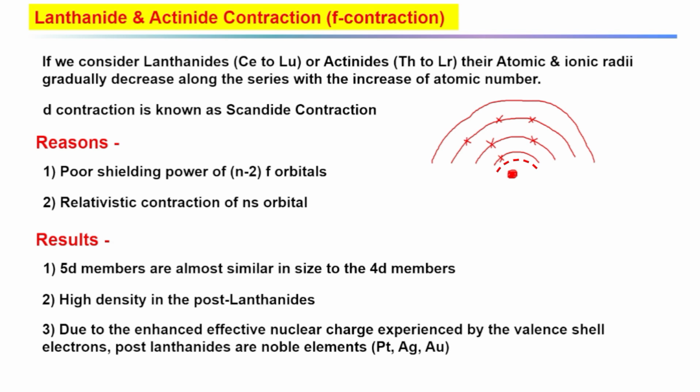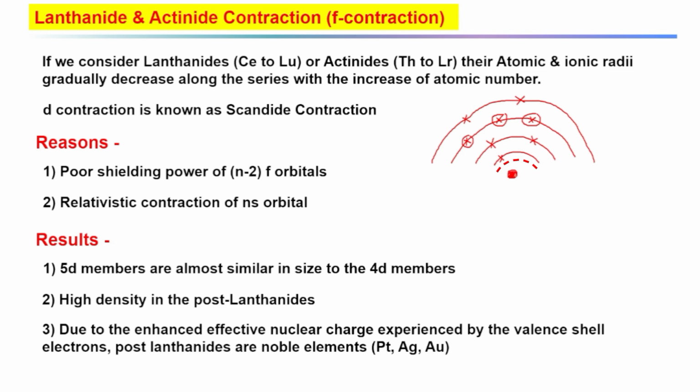Now try to understand the poor shielding power of n-2f orbitals. Let's suppose we have some electrons here and here. Let's consider these are the f electrons, n-2f electrons. This positive charge is showing some attraction.